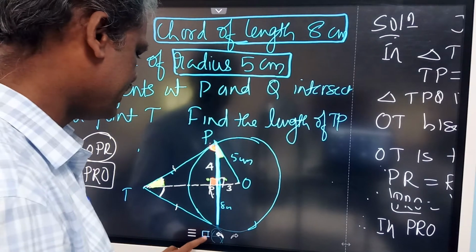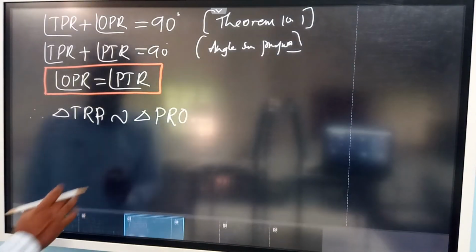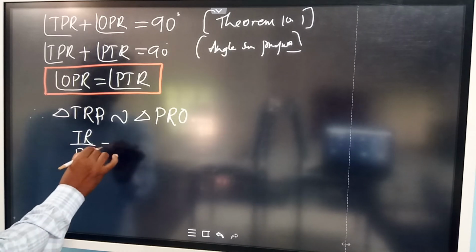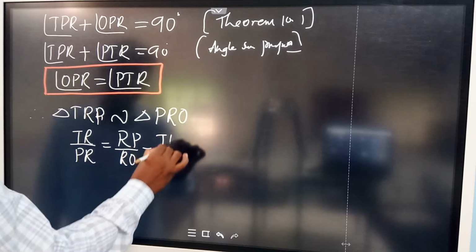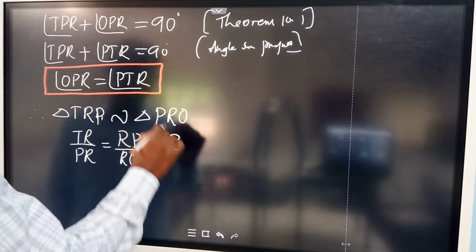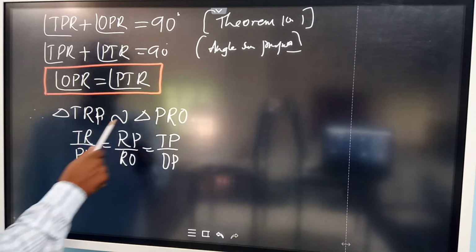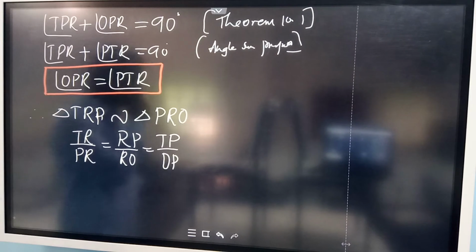So therefore you can write the triangles are similar. If the triangles are similar, then the corresponding sides are proportional. TR by PR, RP by RO, then TP by OP.